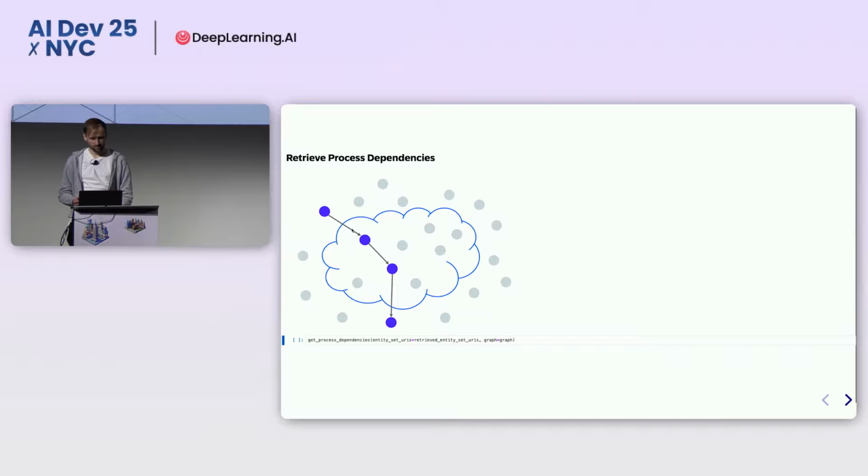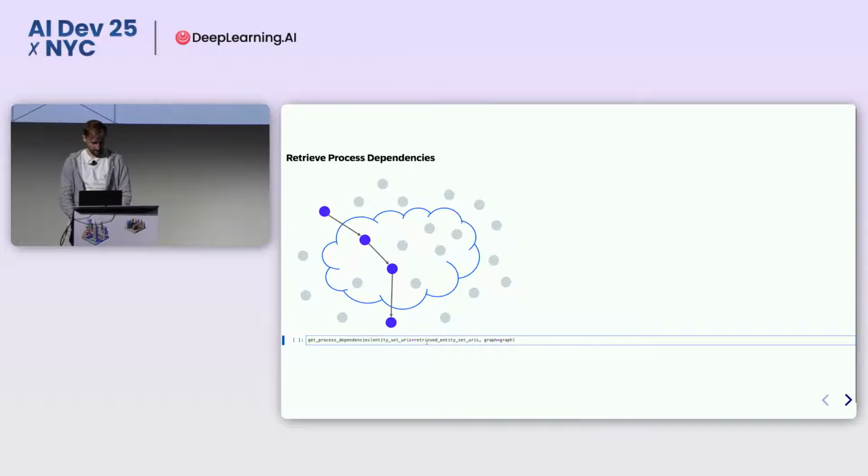So we have this process information, these edges that represent the process, that we can use to enhance our plain vector retrieval by completing the processes that we hit, so that we can then present the agent with the relevant processes, but also with the complete set of APIs in the tool loadout to be able to execute the process correctly.